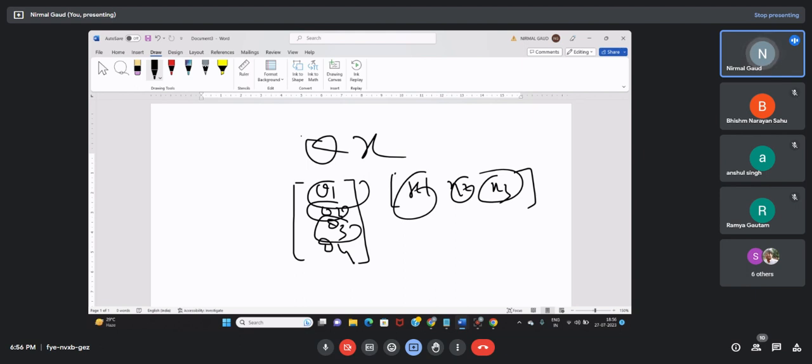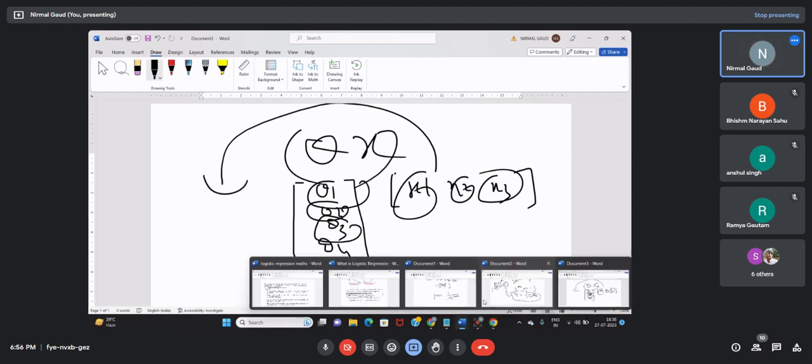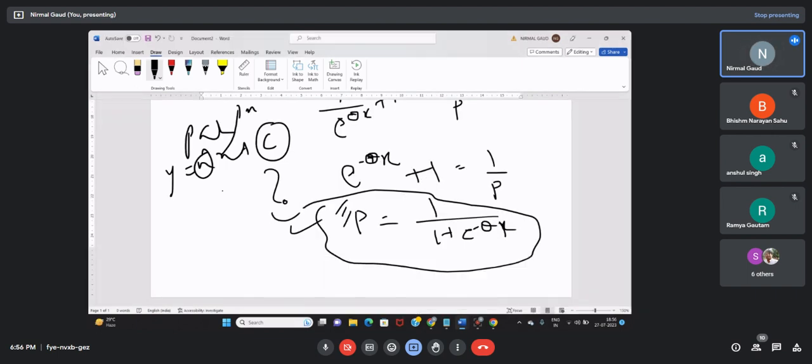And that's what we call theta x. In my previous lectures, I already told about this. So I can take the dot product of the coefficients and the variables. That's what theta is, and that's why I've written e to the power minus theta x.